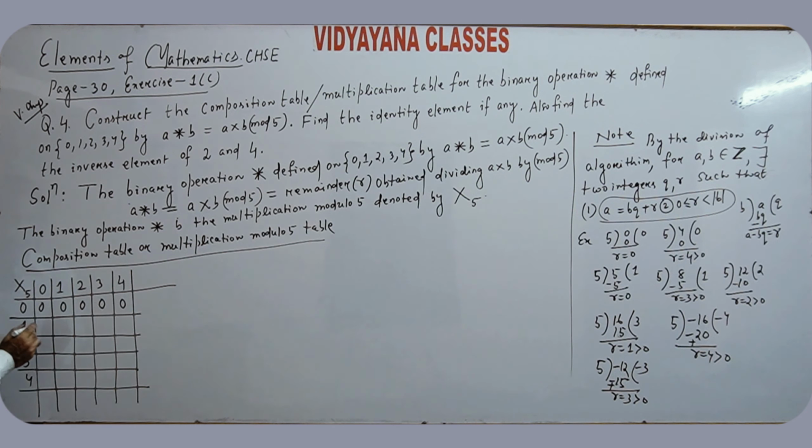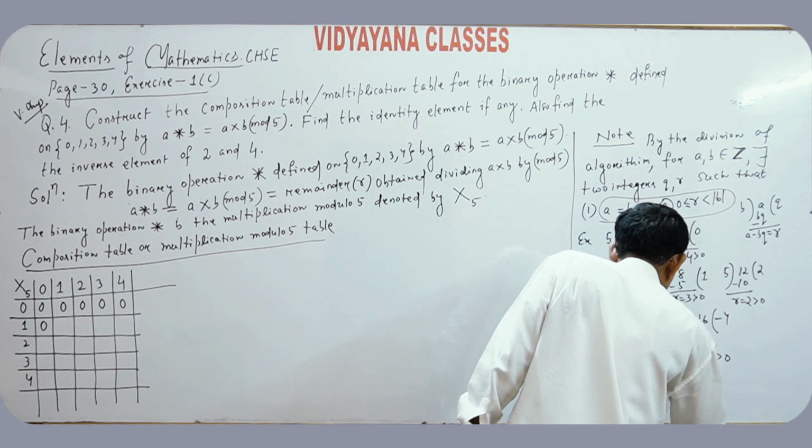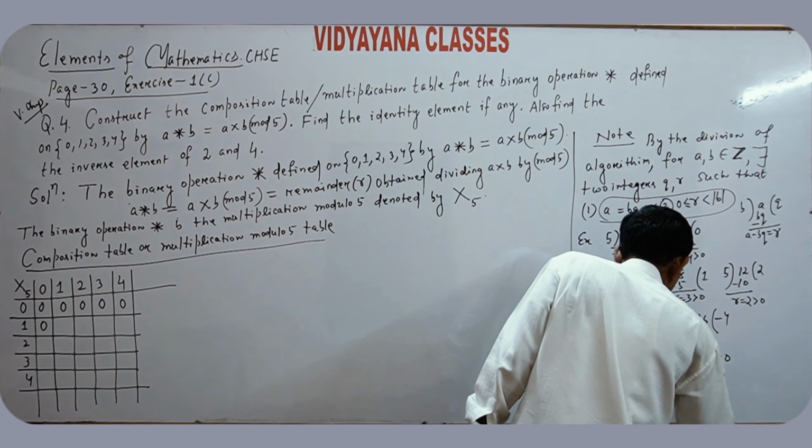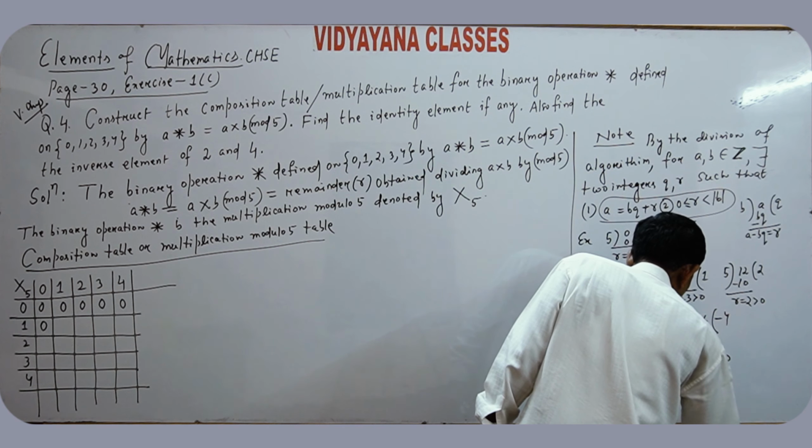1 into 0, that is 0. 5 divides 0 gives the remainder 0. 1 into 1, that is 1. 5 divides 1, the remainder is 1, which is greater than 0.